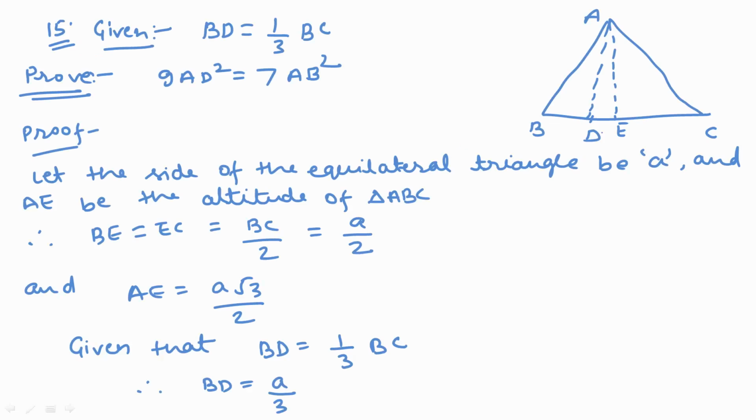Now DE is equal to BE minus BD. The value of BE is A by 2 minus the value of BD, A by 3. This will be equal to A by 6.